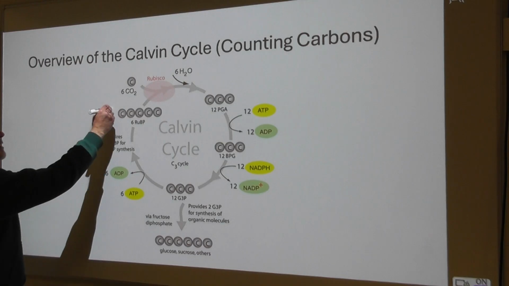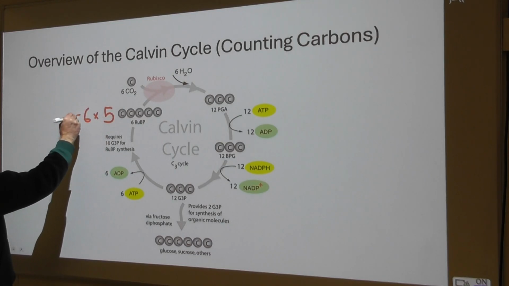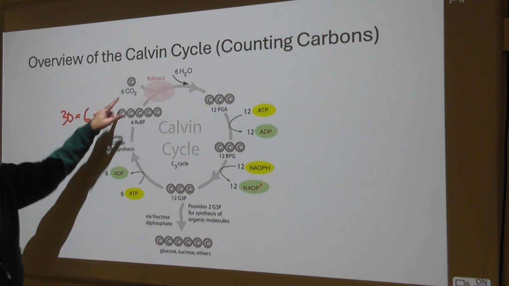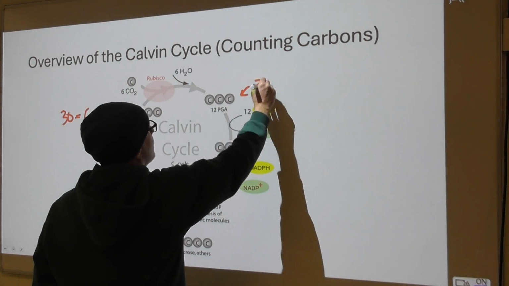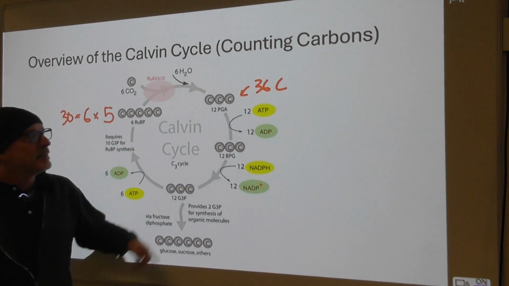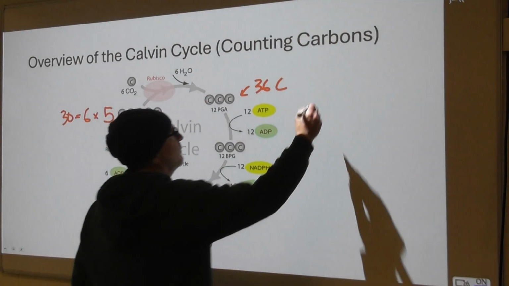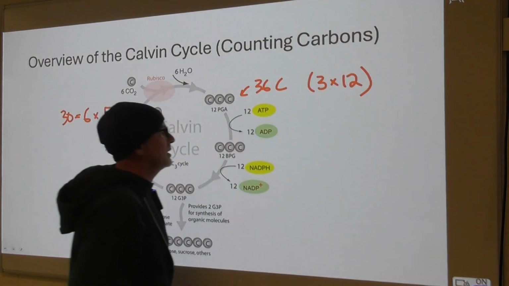So we have 5 carbons times 6 molecules. That's 30 carbons. We add 6. We're going to end up with PGA accounting for 36 carbons. That means since this is a 3-carbon molecule, there's 12 of them. So we have 3 carbons times 12 molecules.